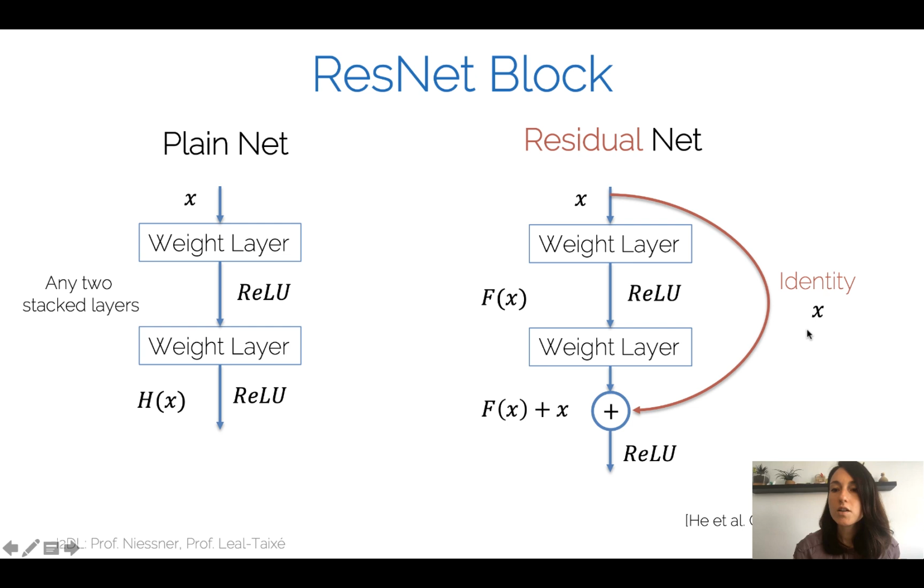And this skip connection takes the input and copies it at the end, kind of skipping these two weight layers.